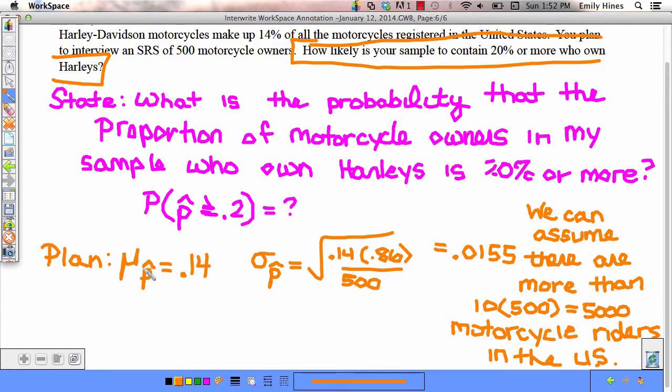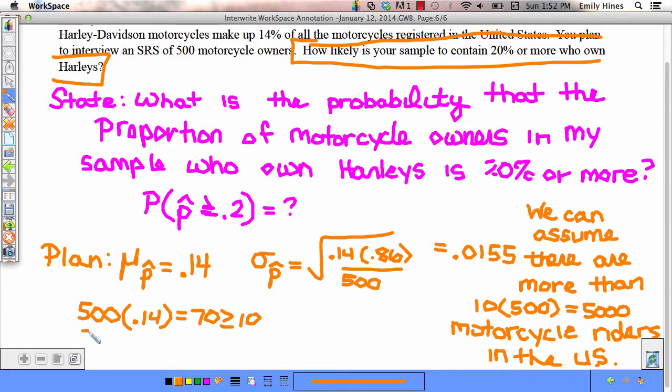Okay, I have a mean, I have a standard deviation. I don't know what I'm going to do with those unless it is normal, so let's check normality. 500 times 0.14, that's 70, which is greater than or equal to 10.